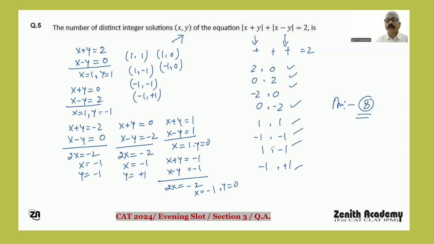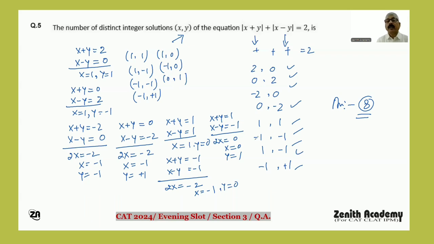And if you take x plus y is equal to 1 and x minus y is equal to minus 1, then 2x is equal to 0. And here x is 0, then y is 1. So here it is 0, 1.